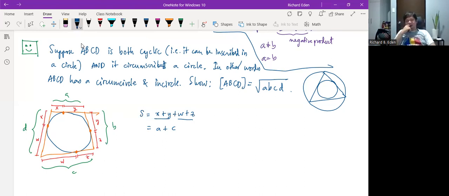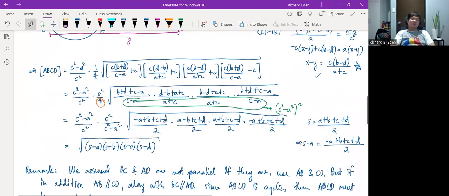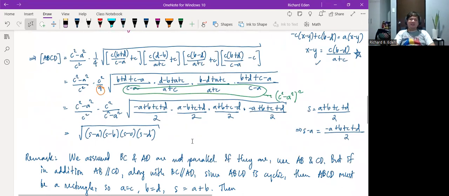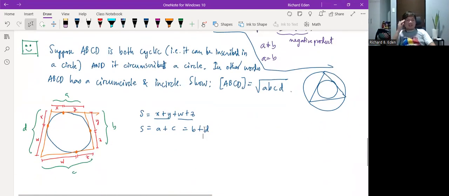Also equal to B plus D. Who knows, maybe we can do something with Brahmagupta's formula. But actually, this is a thing for a quadrilateral which has an incircle.